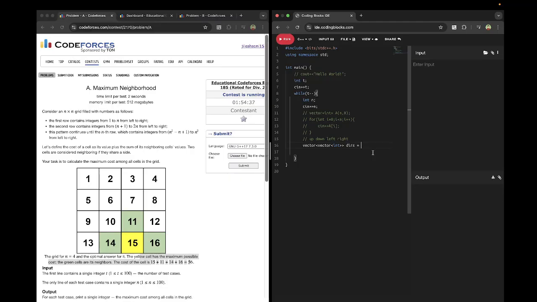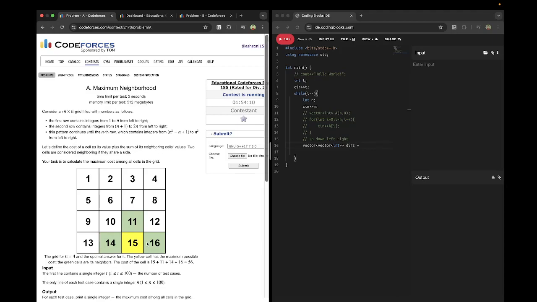So we want to pick a number that has the maximum cost. The cost is defined as the sum of that cell, the number in the cell, and its adjacent cells. So I believe it's almost always this thing, because this is maximizing the number of sides and the cost.